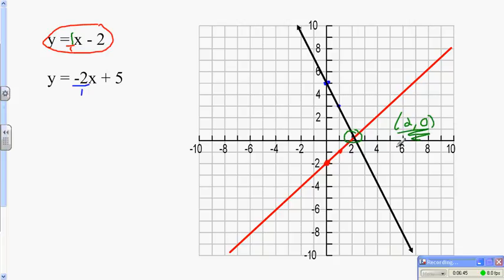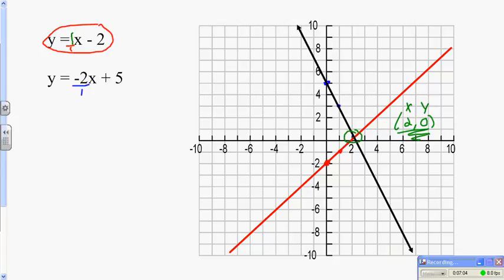Now in your assignment it says, check by substitution. There are two ways we can do that. One is we can plug this in for x and this in for y. What I'm going to talk to you about is solving by substitution, and I'd like you to try it.